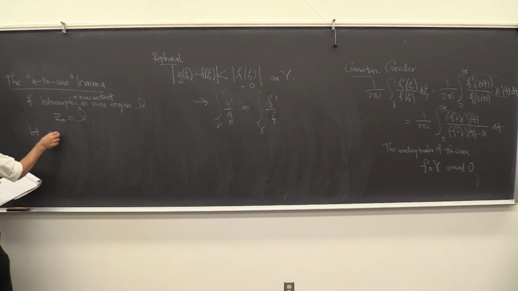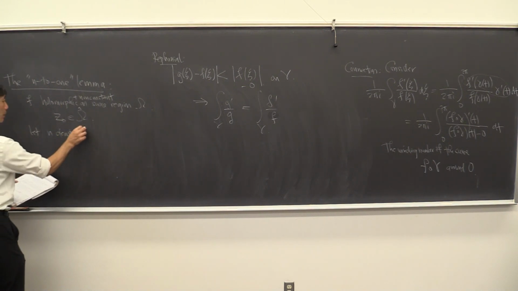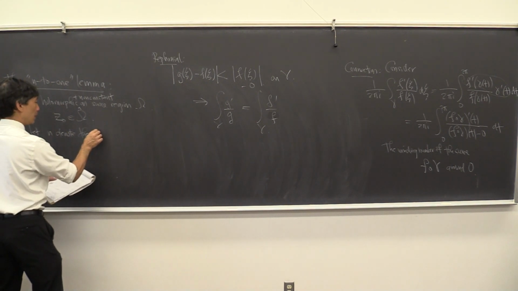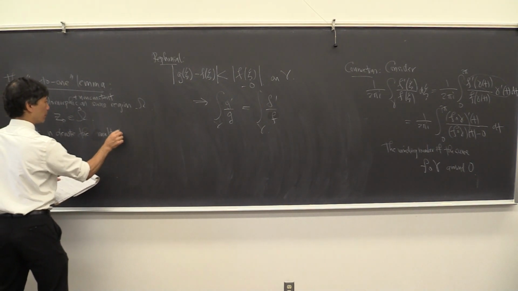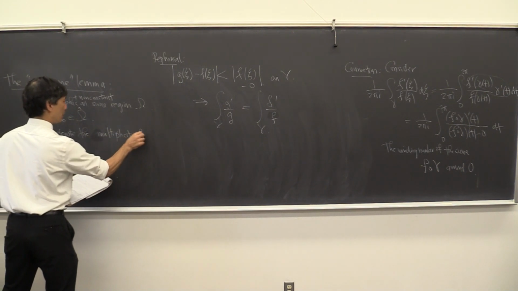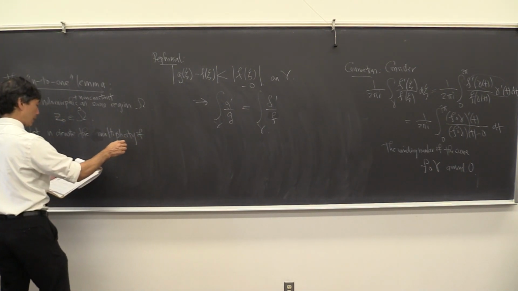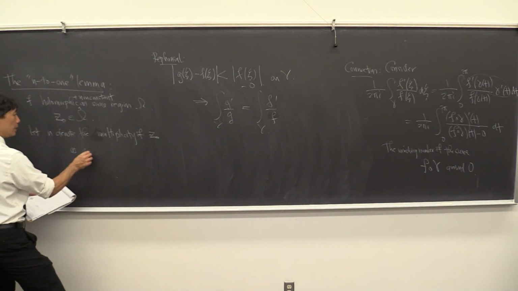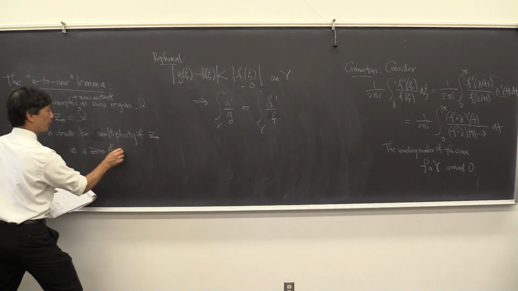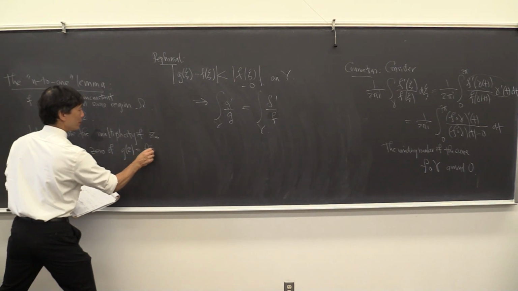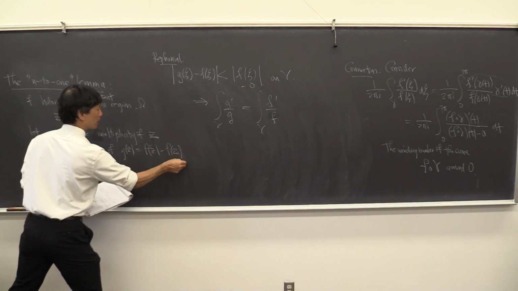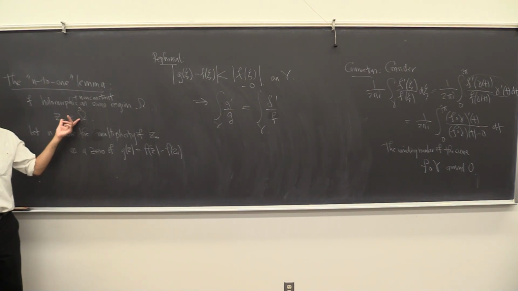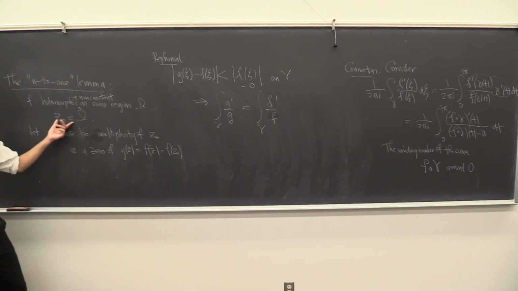Let n denote the multiplicity of z naught as a zero of the function f of z minus f of z naught. z naught is any point.